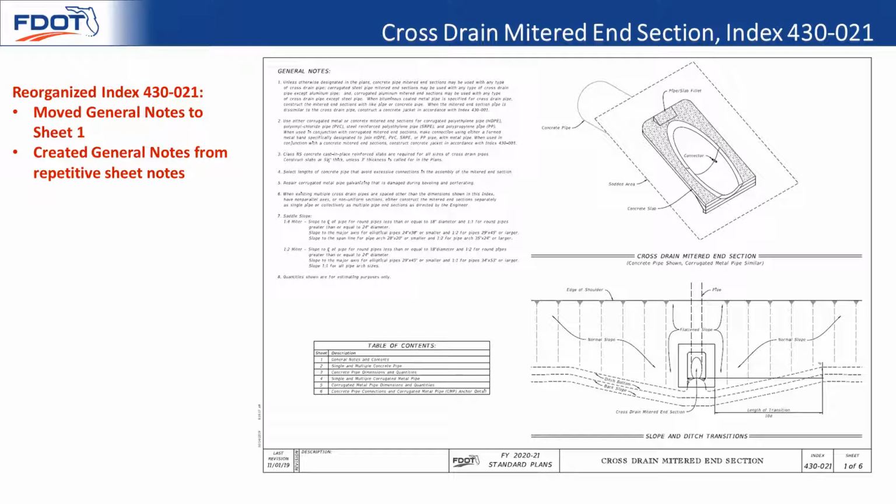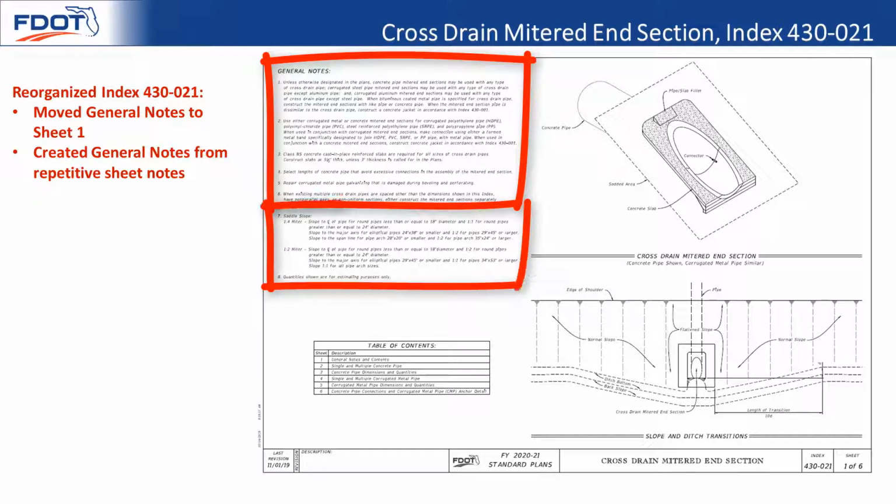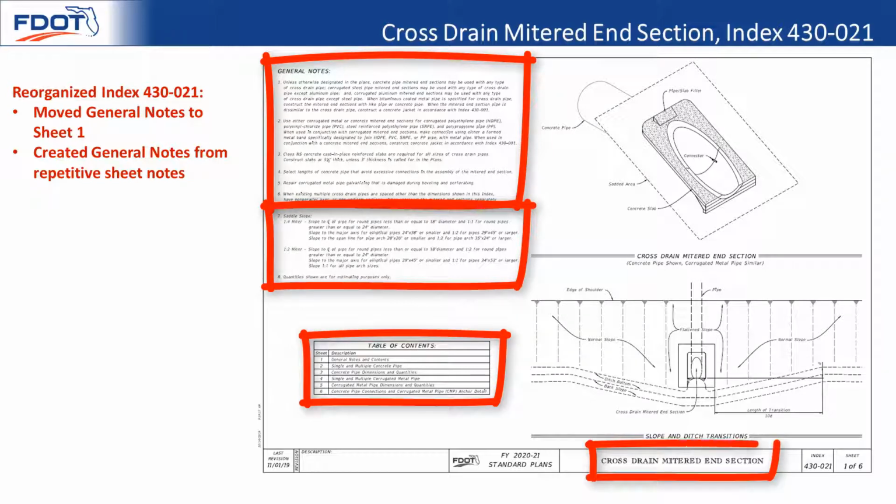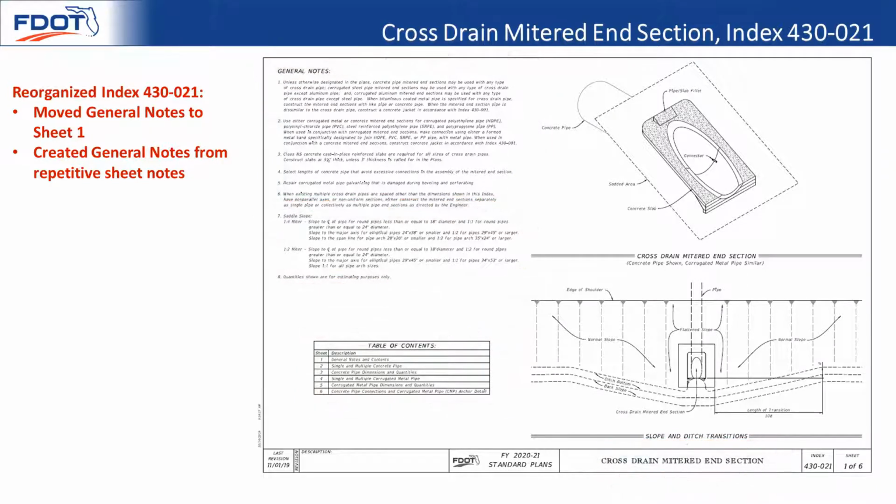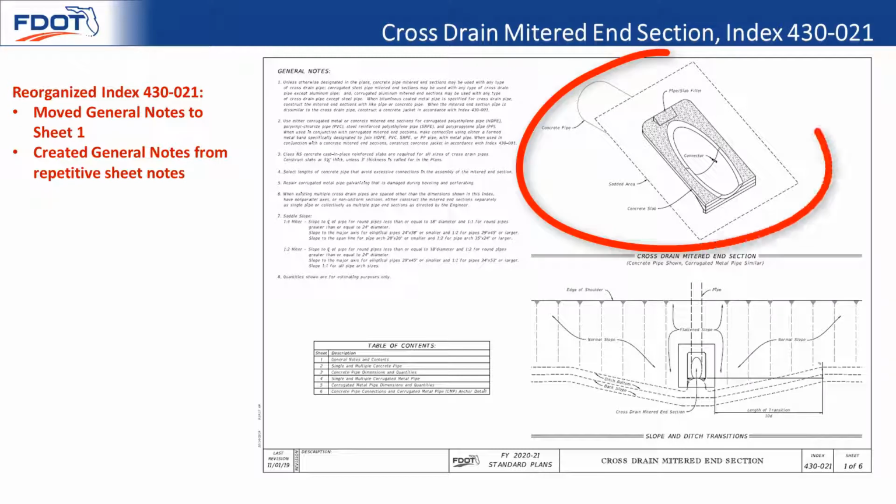Here's what the new sheet 1 looks like in the 430.021. We now have the general notes. We have that saddle slope note that I talked about, have table of contents, sheet title, etc. Oh, also, I wanted to mention that we did make an isometric view of all the indexes where it made sense. This is something to try to help the users to understand what we're looking at in each index.